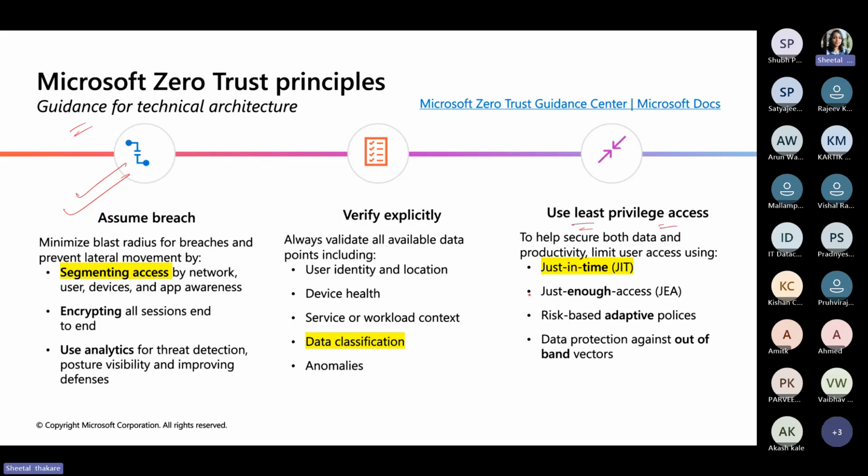What this means is that if someone requires only read or read only access, do not give write or update access. Provide the least privileges and exactly what are required. So these are the three principles of zero trust principle.